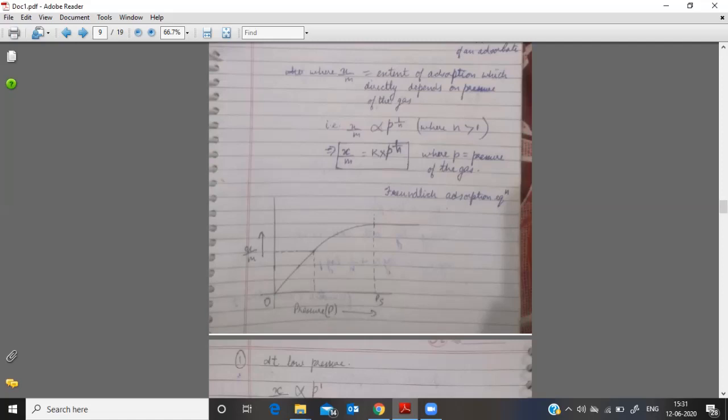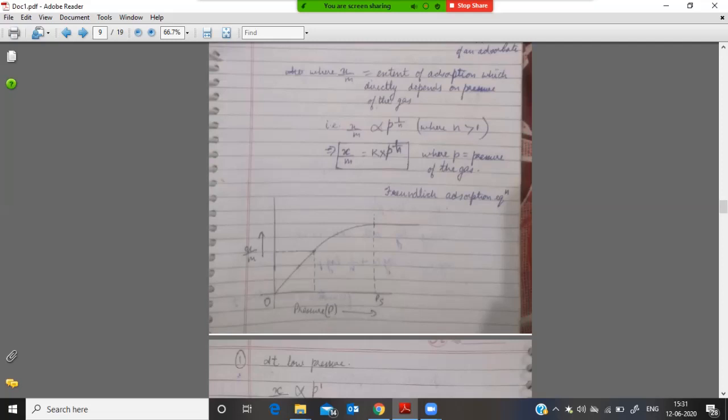That particular pressure is known as the saturation pressure, and the adsorption is saturation adsorption. A careful study of adsorption isotherms clears the fact that at low pressure, the graph is nearly a straight line.